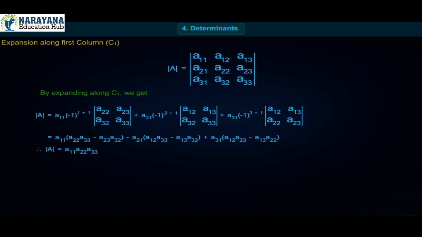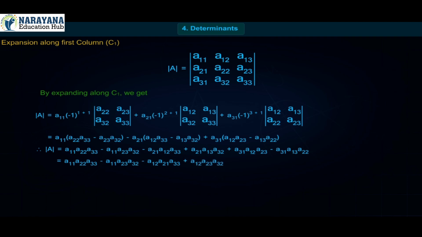Therefore, determinant of A is equal to A11, A22, A33 minus A11, A23, A32 minus A21, A12, A33 plus A21, A13, A32 plus A31, A12, A23 minus A31, A13, A22 is equal to A11, A22, A33 minus A11, A23, A32 minus A12, A21, A33 plus A12, A23, A32 plus A13, A21, A32 minus A13, A31, A22.